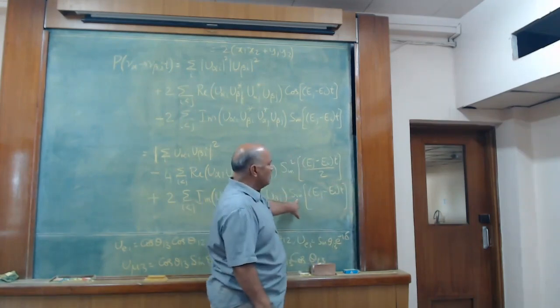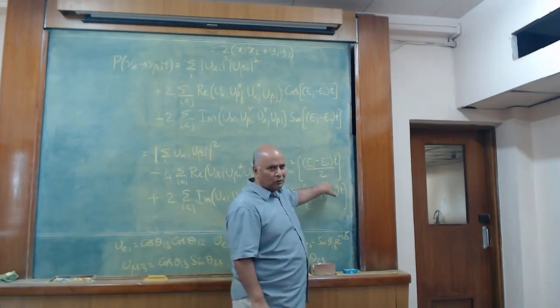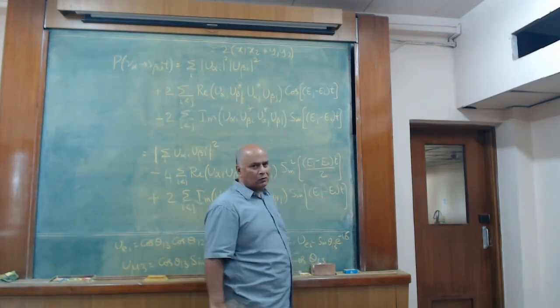No 2 here. This is sine. Sine squared means there will be a 2, one over half, but for sine there is no.